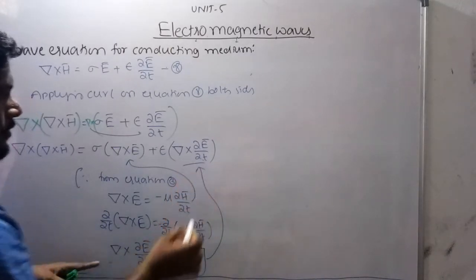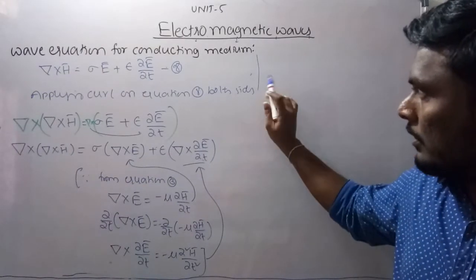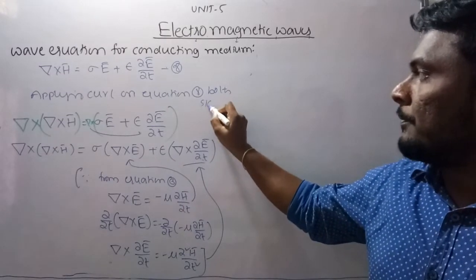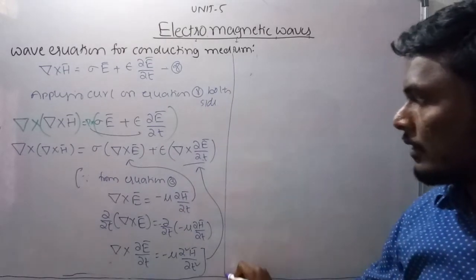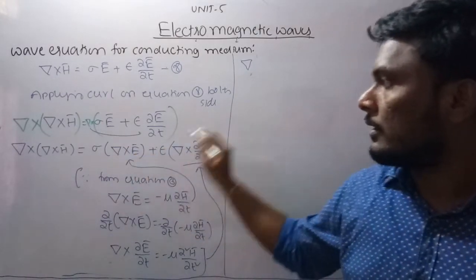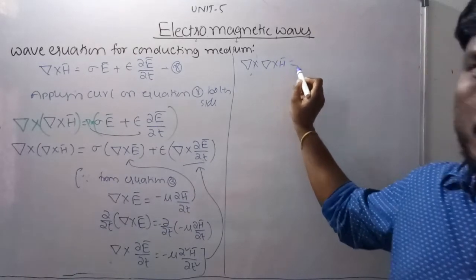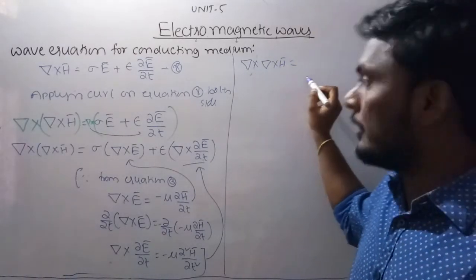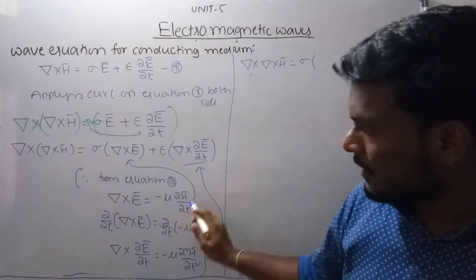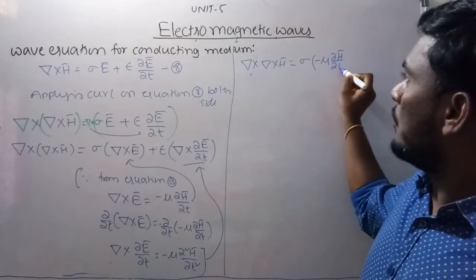Now just substitute these two values in this expression, so that you will get, tell me now, the answer. The curl of the right side term is the curl of magnetic field intensity equals sigma times del cross E bar, and from equation 3 it is minus mu times dou H bar by dou t.